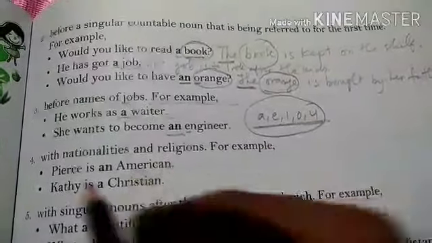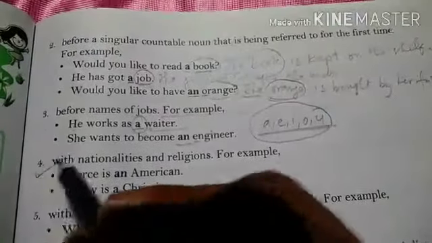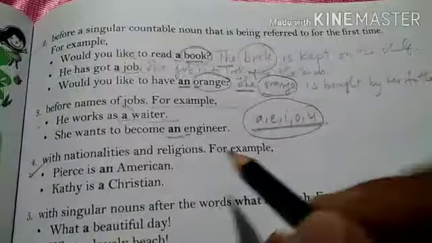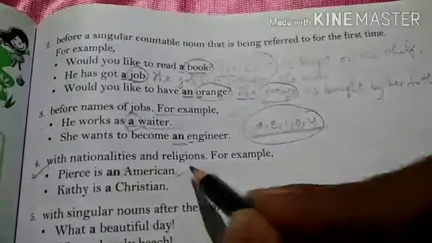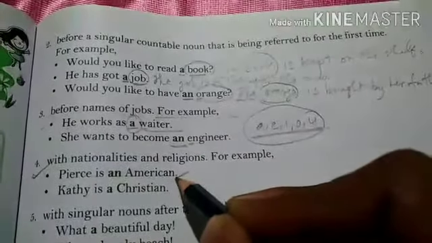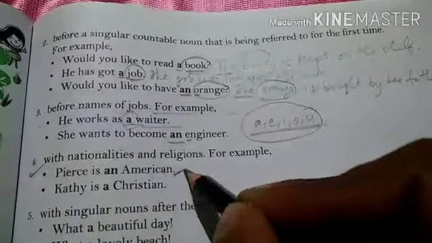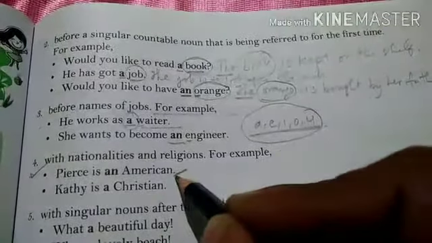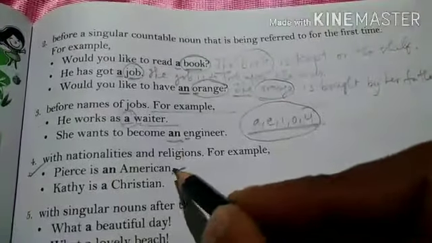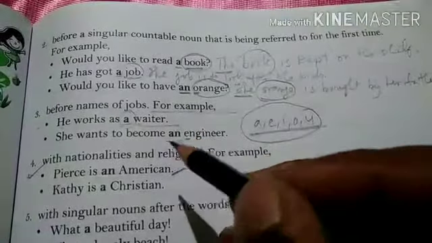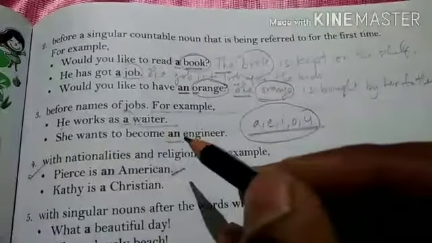Okay. Now another point to understand is with nationalities and religions, for example. If we talk about any nationality, that refers to a nation, that is, the people living in a certain nation.